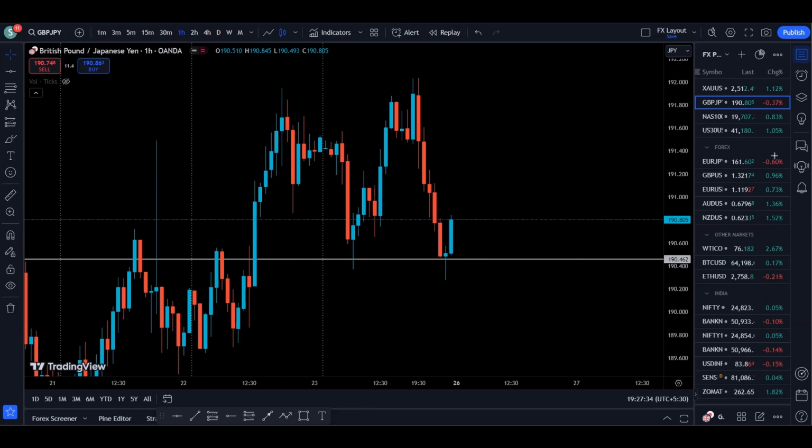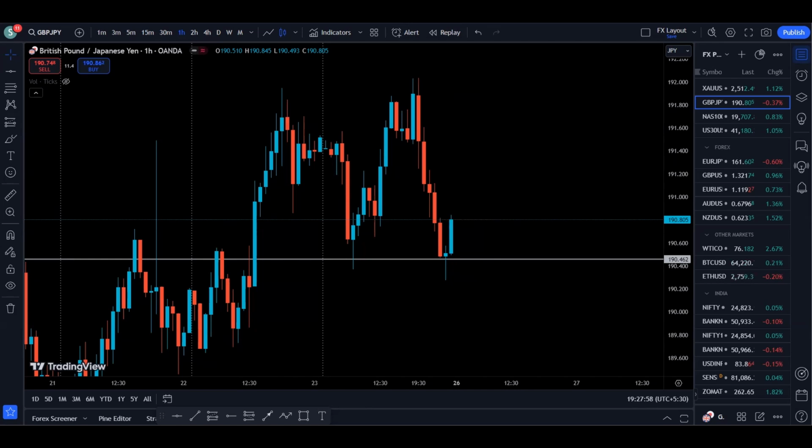Once we create a resistance, if the price breaks this resistance and closes above it, then there will be a very high probability for the price to continue going up. We already have clean range on the left hand side, right? So that is something I see on the 1 hour time frame.